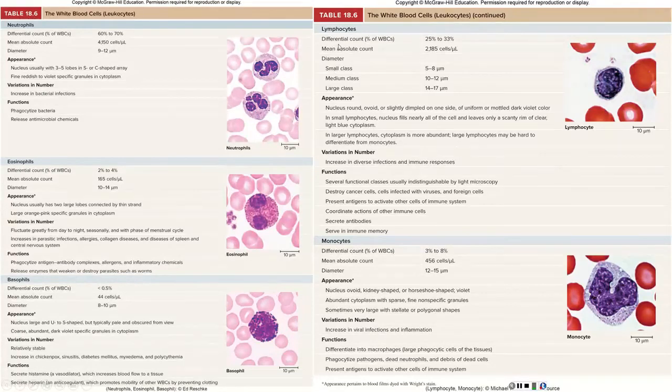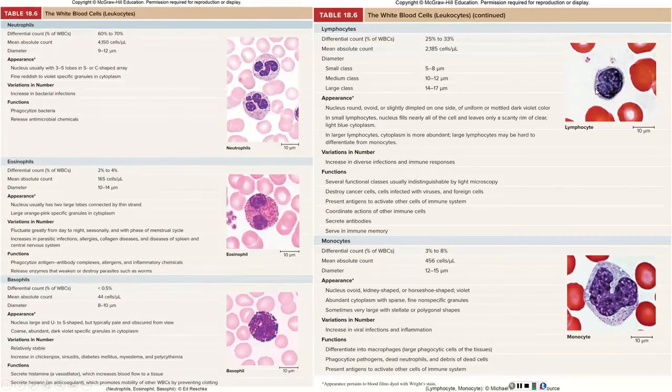So lymphocytes, the nucleus is really, really big, and under a microscope, basophils and lymphocytes will often look really similar. But in a basophil, what you're really seeing are those granules. In a lymphocyte, what you're seeing is the nucleus, and the way to tell them apart is a lymphocyte will have a really small halo of cytoplasm off to one side that's a very pale blue.